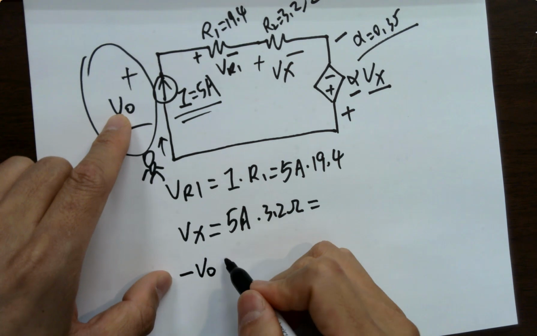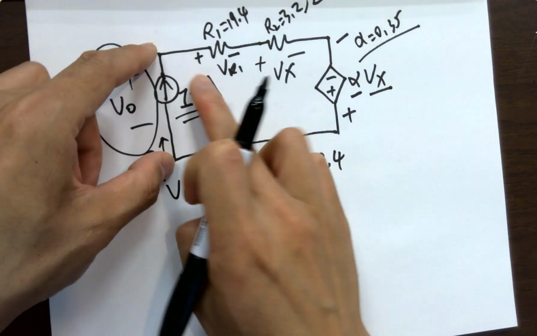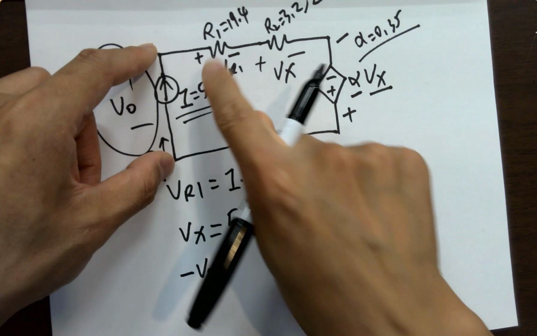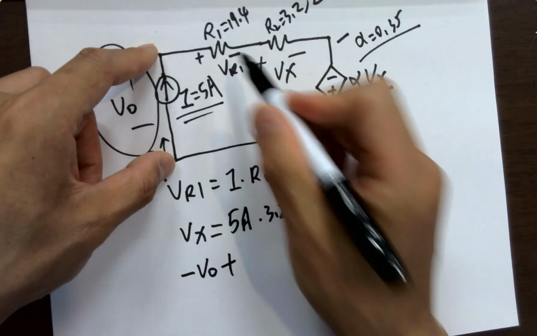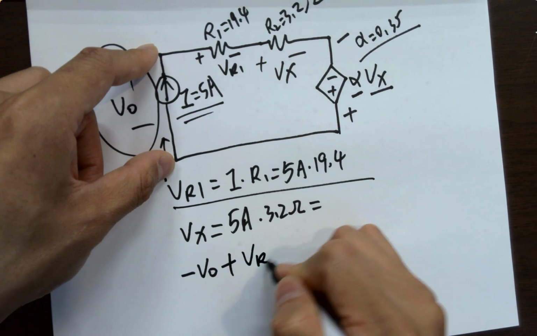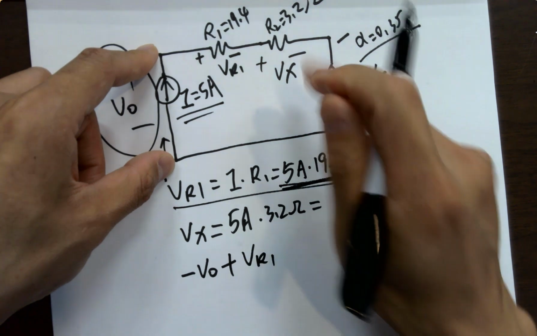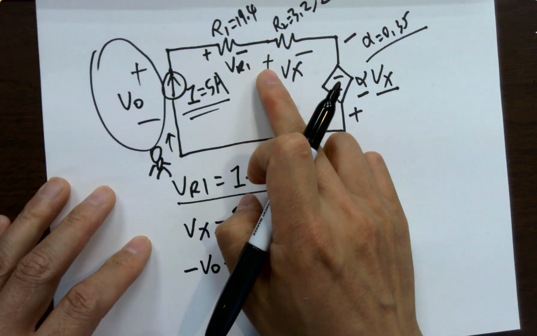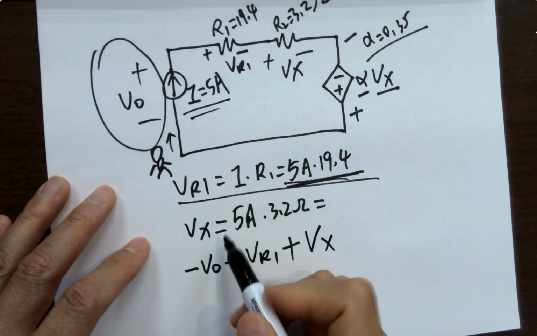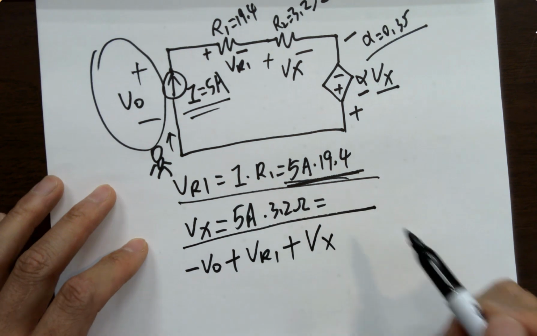V0, right? That's the voltage here across this component. And then next, what's next? Plus or minus? It's going to see a plus first. Plus what? It's right here, VR1. Definitely it's calculated, right? What's the next? Also a plus. So plus what? It's Vx, right? So plus Vx. It's also calculated. You can calculate it here. I just didn't put a number here.